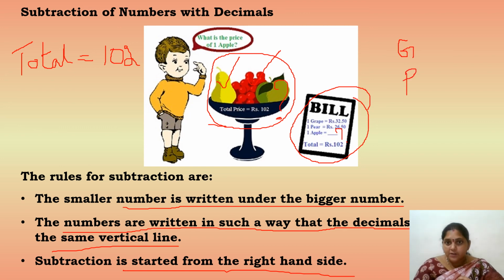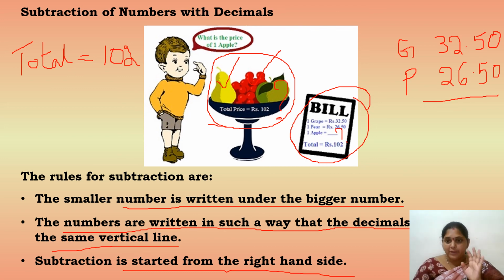What is the value of grapes? 32 rupees 50 paise, 32.50. Now, what is the value of pear? It is 26.50. You can read it together in the form of money: 32 rupees 50 paise and 26 rupees 50 paise.